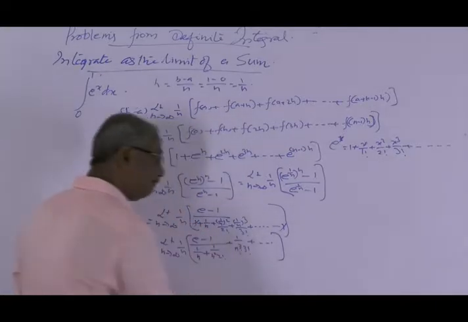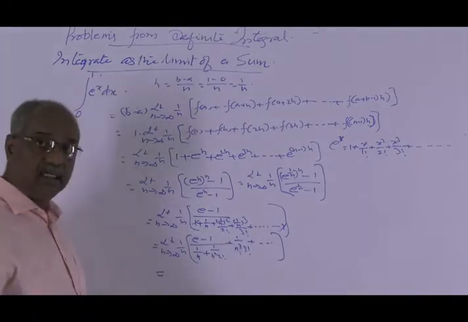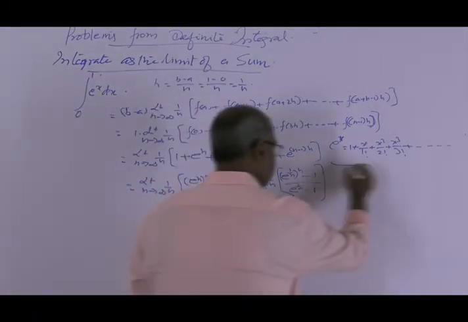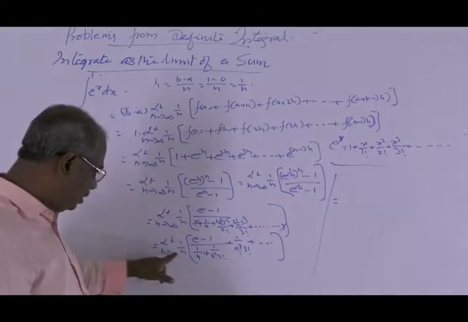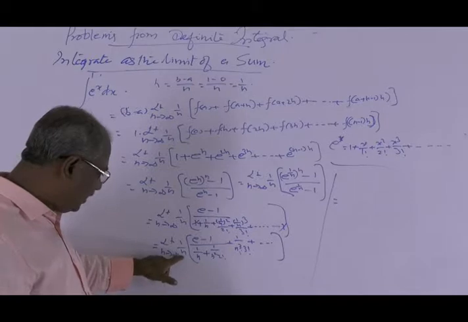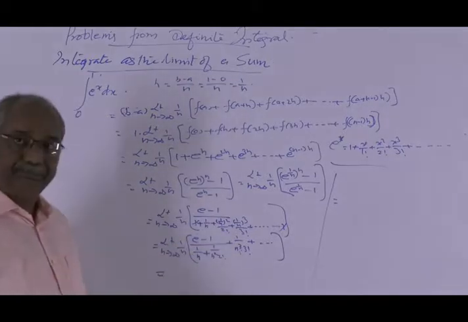And now we apply the limits. Applying the limits, substitute n equal to infinity after multiplying with this 1 by n.